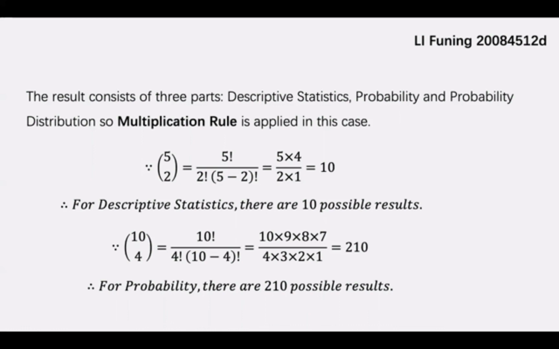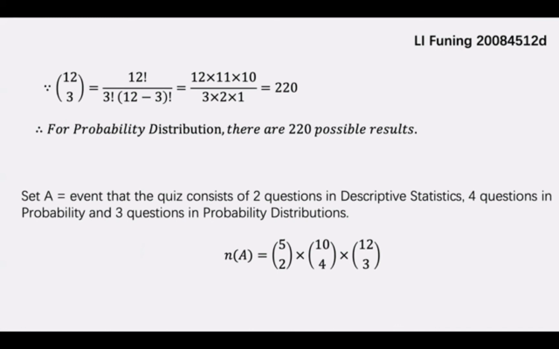Since 10C4 equals 10 factorial divided by 4 factorial multiplied by 6 factorial, which equals 210, for probability there are 210 possible results. Since 12C3 equals 12 factorial divided by 3 factorial multiplied by 9 factorial, which equals 220, for probability distribution there are 220 possible results.